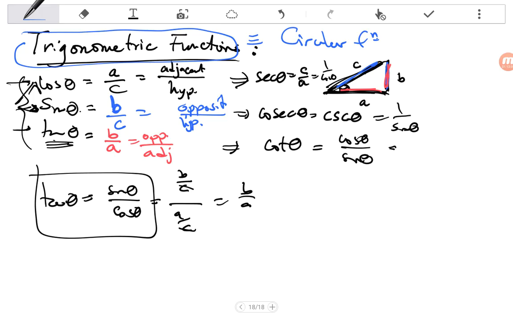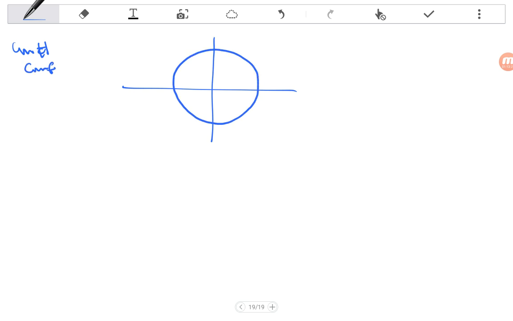Because we may define these two main functions, cosine theta and sine theta, by making use of the unit circle. What is meant by this? Now let's graph a unit circle. What is a unit circle? A unit circle is a circle with a radius 1 and centered at the origin.